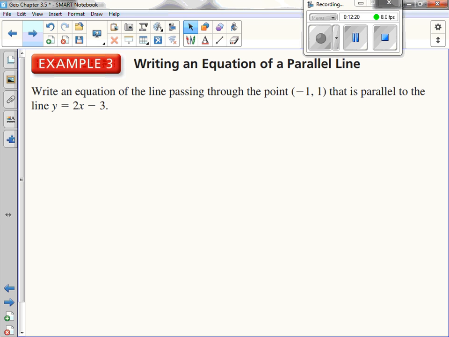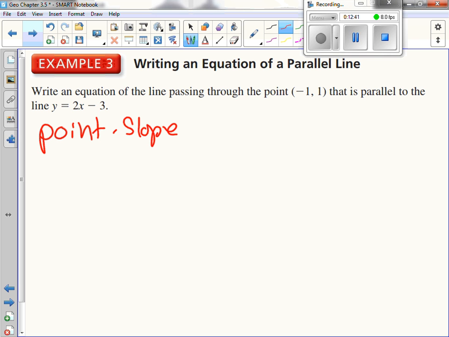Yes? Now, do we have an equation that I can use a slope and a point? Almost. There's a better way, because we won't know the value of b, because we don't know what the y-intercept is. But there is an equation called point slope form.